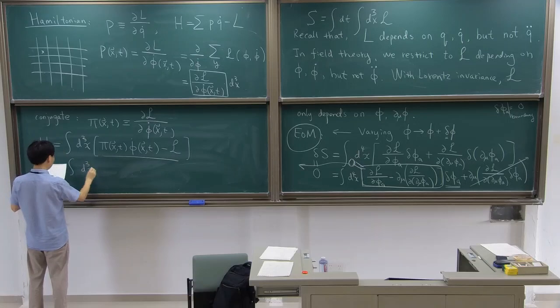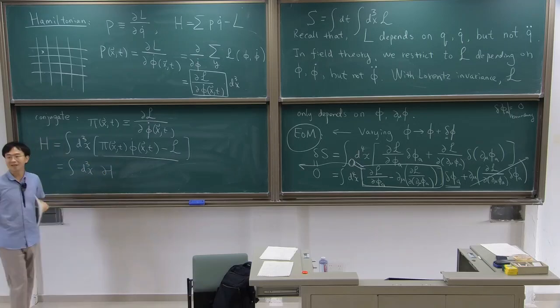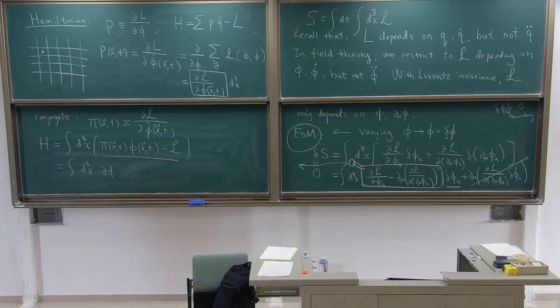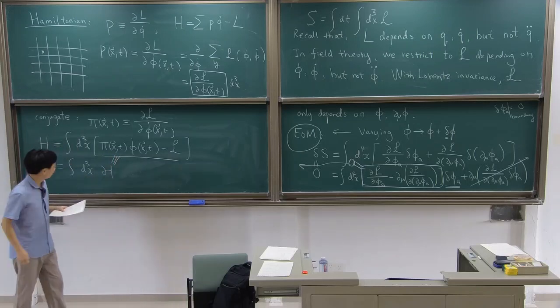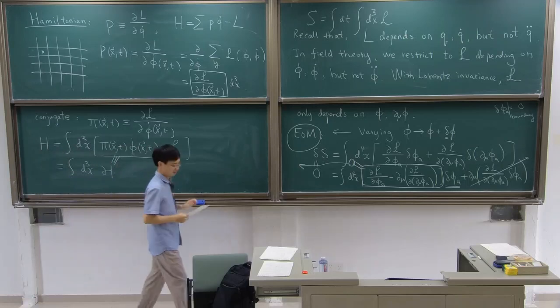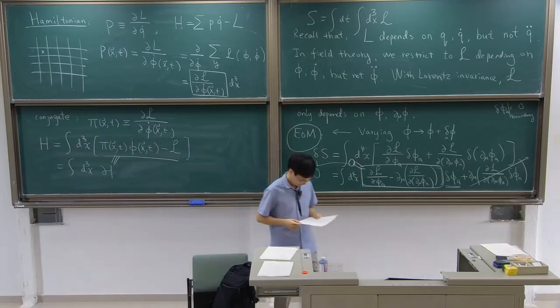As I said, sometimes we don't distinguish the two, like the terminology of Lagrangian, if there's no confusion. So this is the Hamiltonian, given by pi phi dot minus L.